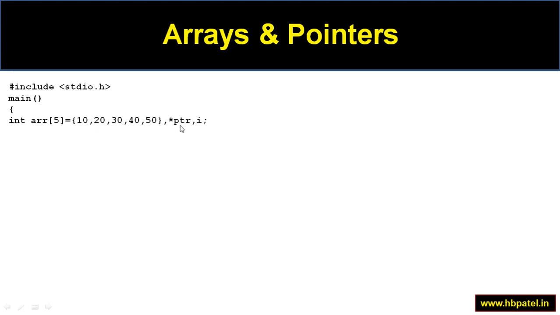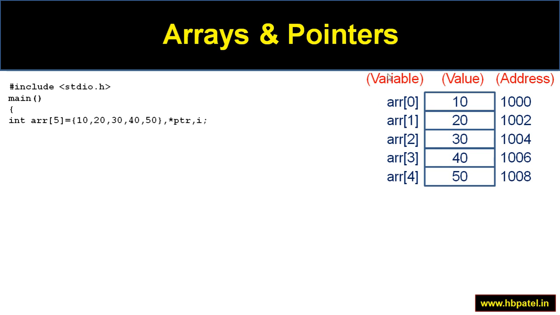Now we have one pointer variable, again of type integer, and one variable I, which we'll use to run the loop from I equal to 0, 1, 2, 3, 4. So this is just a variable for the loop.